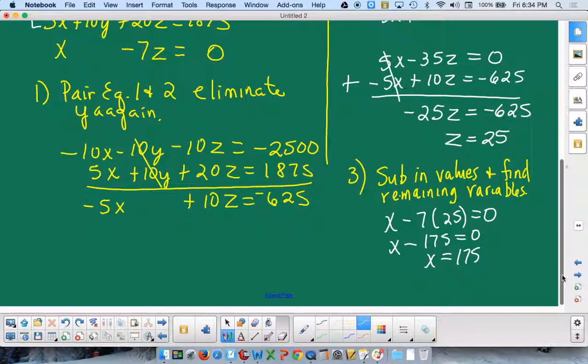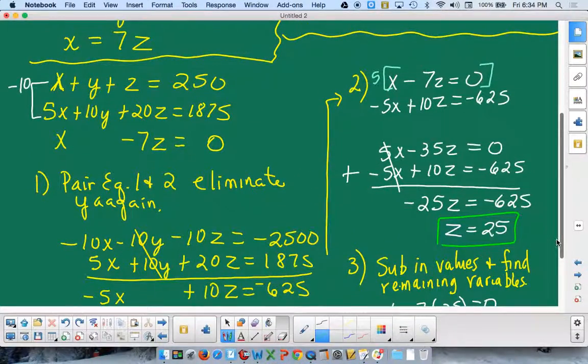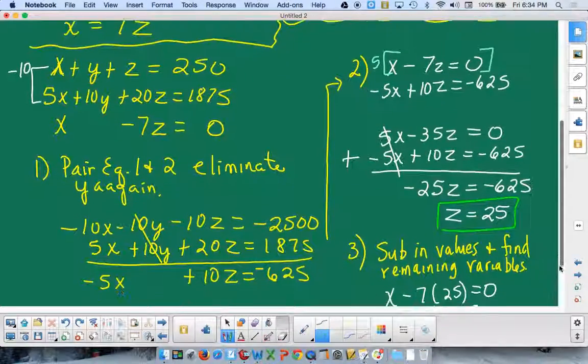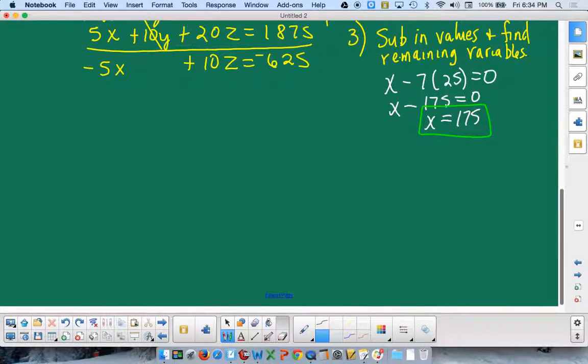And then last but not least, I need to sub in again, and I have to go into an equation. I have x and z, so I need to go into an equation where I can get y, which means I need to go back to one of the original equations. Ooh, x plus y plus z equals 250. That's pretty sweet. I'll write that out so you can see it, except that's in the wrong color.